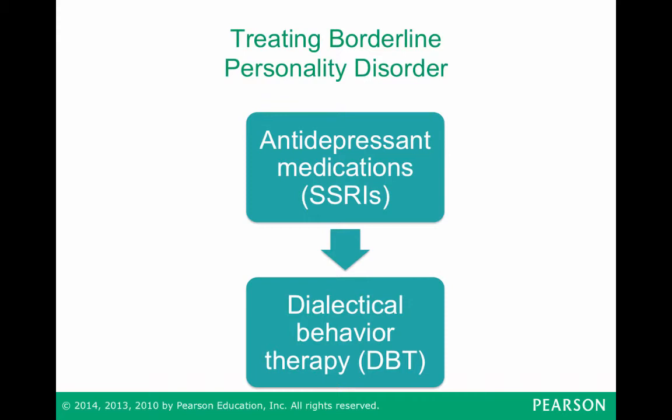This is a fairly newer therapy, and it's a unique kind of cognitive and behavioral therapy that was developed specifically for borderline personality disorder. And the idea is that borderline personality disorder develops because the person is unable to tolerate strong states of negative affect.